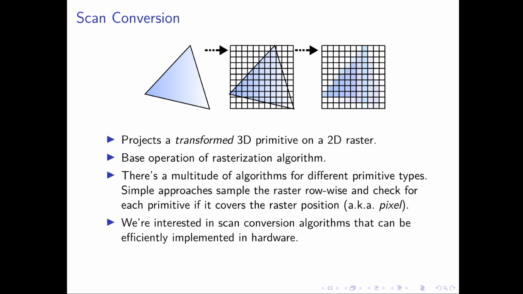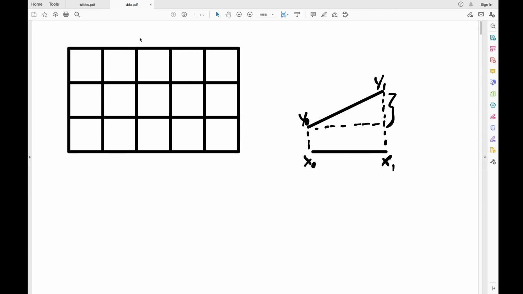One way to achieve that task is to first just rasterize the edges, and then fill in the pixel positions in between. Algorithms that are often used in order to rasterize the edges are, for instance, DDA or Bresenham's algorithm. Just to provide you with an intuition: those algorithms basically work like this.